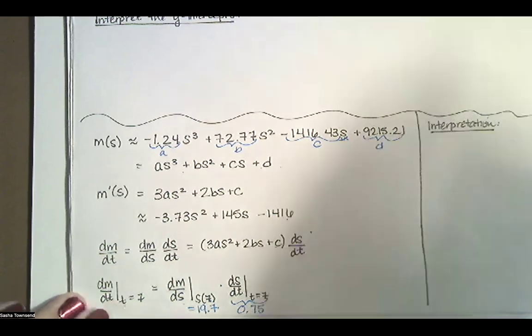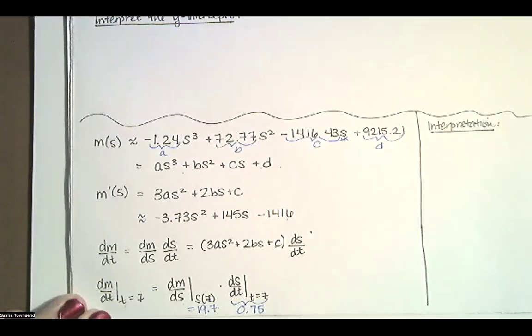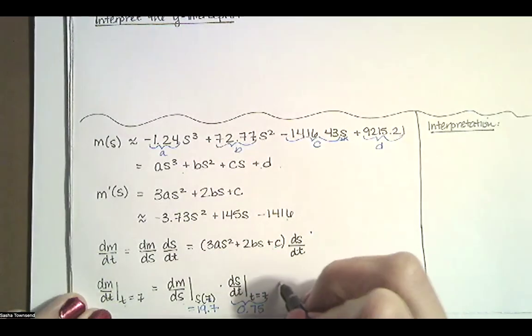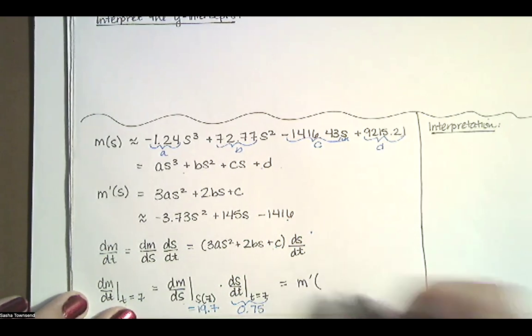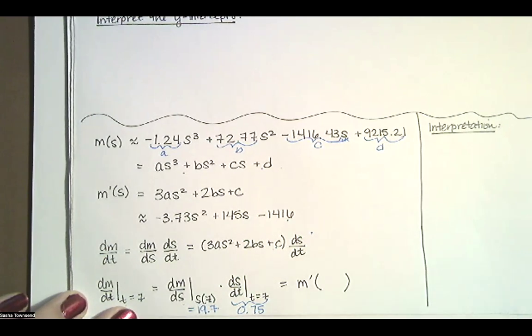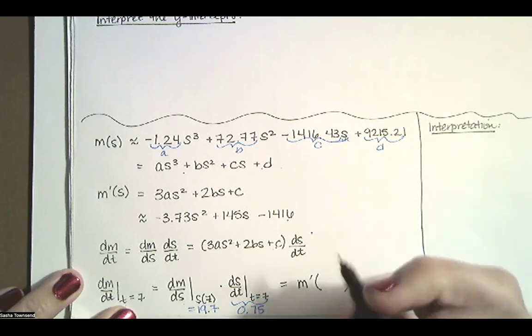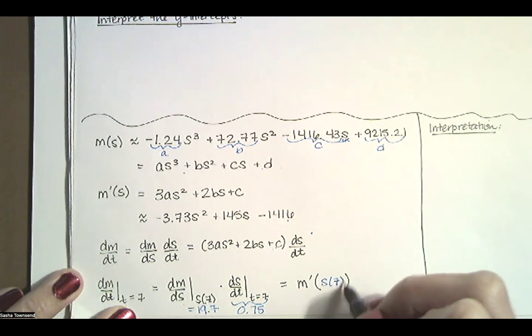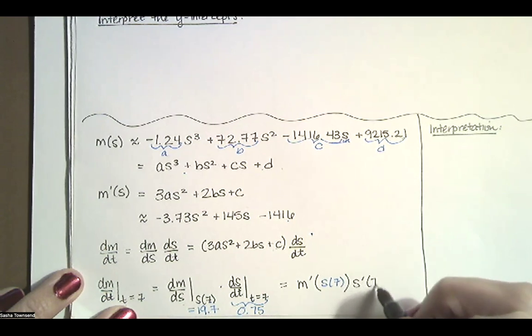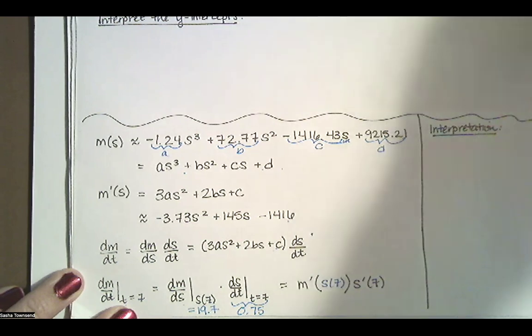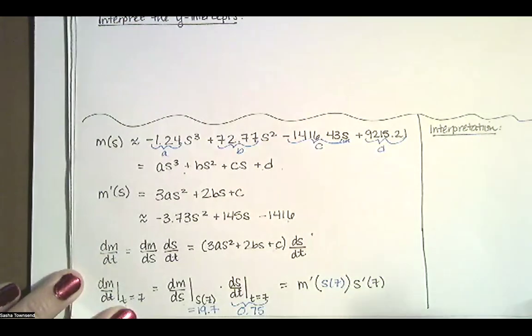So what we end up with, if I use prime notation rather than Leibniz notation, is m prime evaluated at s of 7 times s prime of 7. S prime of 7 is the 0.75.